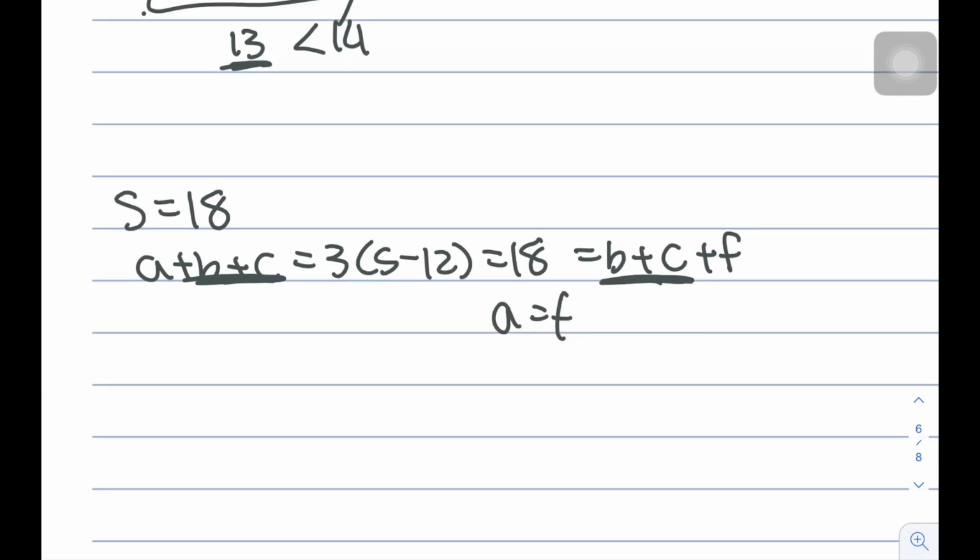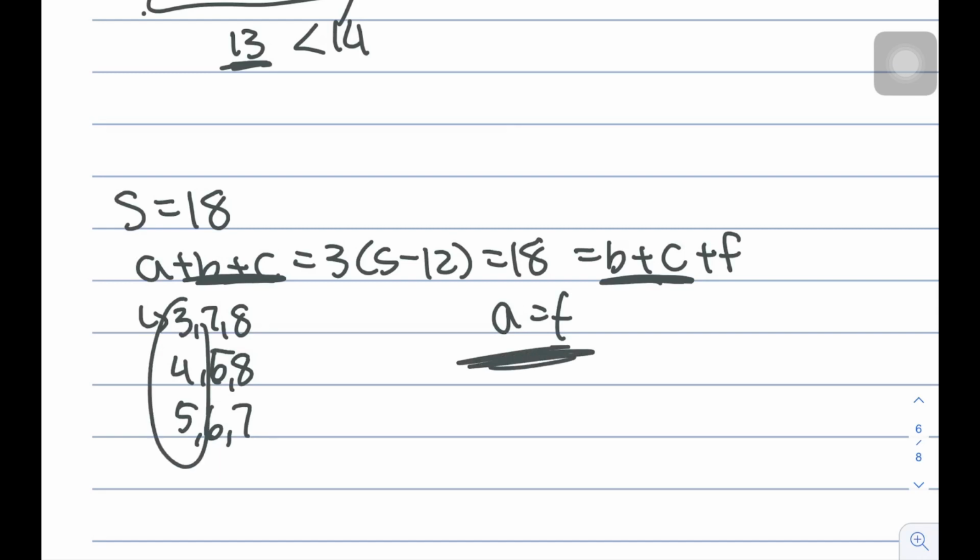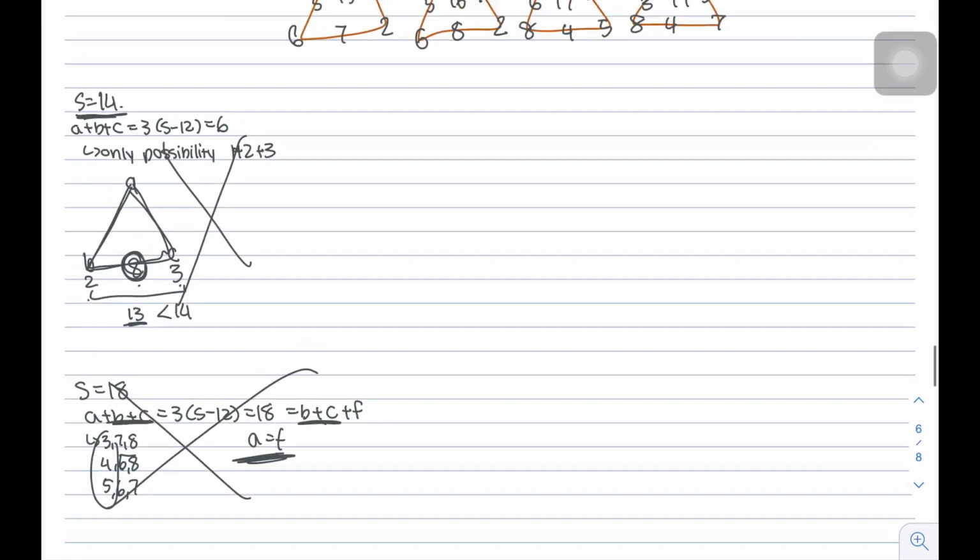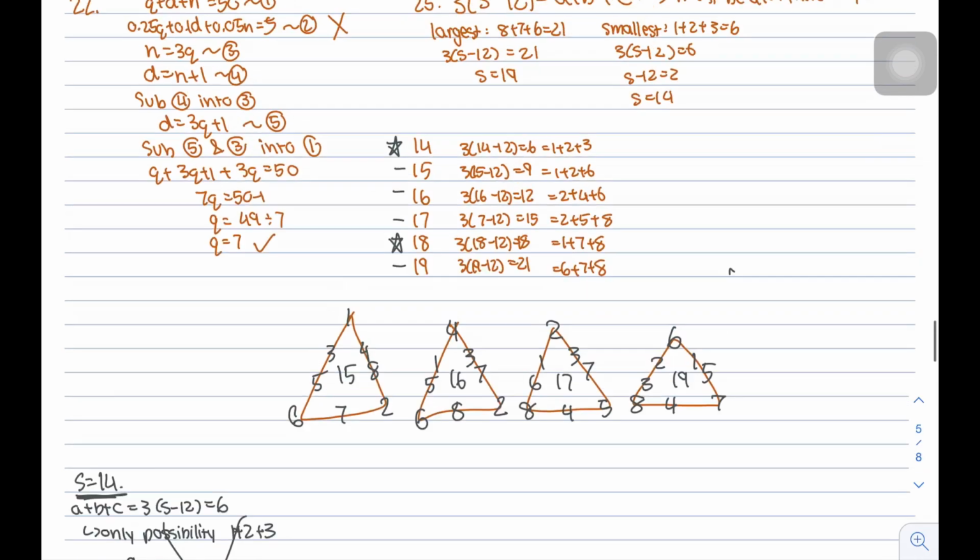So then A must equal F. But if we look at the possibilities of three numbers adding up to 18, you get 3, 7, 8, 4, 6, 8, and 5, 6, 7. And you realize that this just isn't possible with the overlapping ones. So S equals 18 also isn't possible.